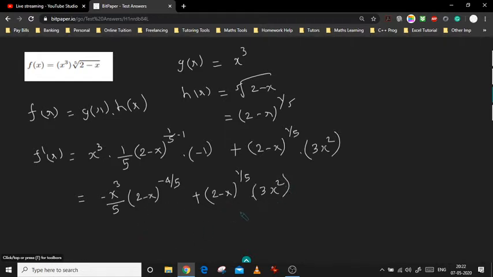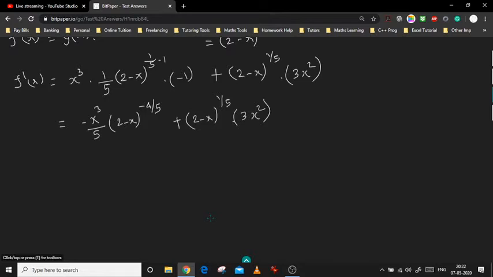Let's see if we can simplify this a little further. We have an x squared term in both terms, and the 2 minus x term also. So we can factor out the x squared term here.